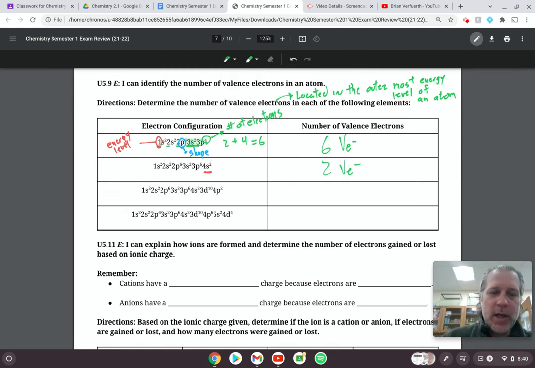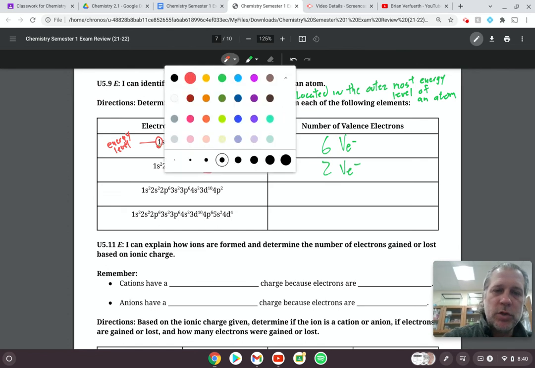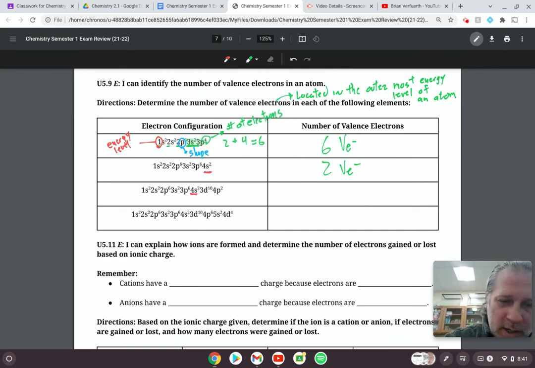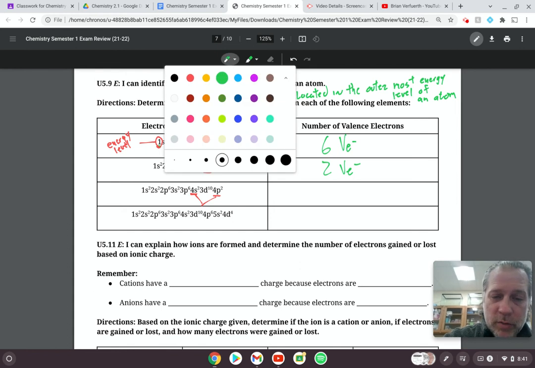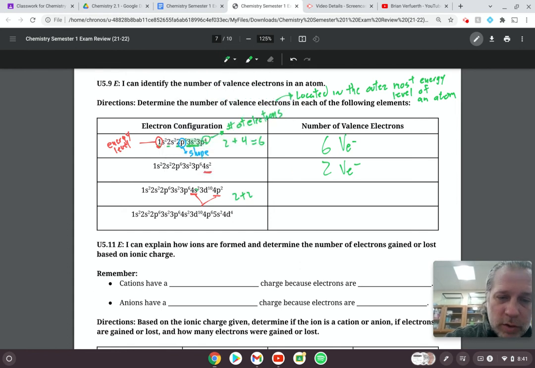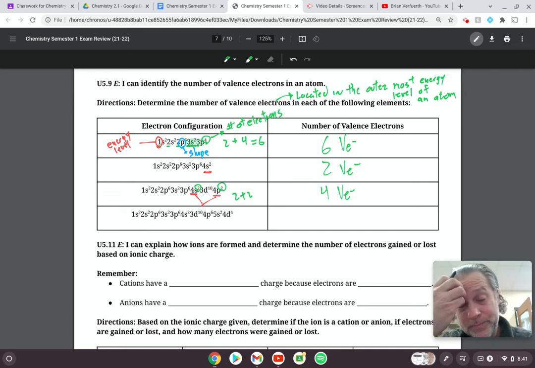In the next example, I have a 1s2, 2s2, 2p6, 3s2, 3p6, 4s2, 3d10, 4p2. So the biggest energy level is the 4s and the 4p, and that's important that we identify those together. So in that case, the number of electrons present would be 2 plus 2, and so my number of valence electrons there is going to be 4 valence electrons.